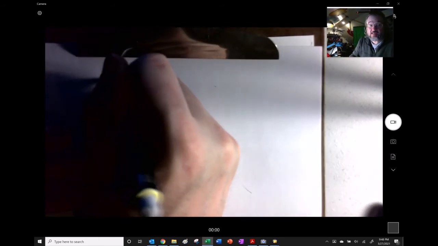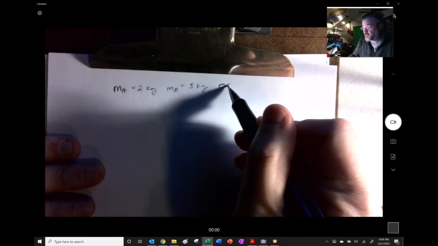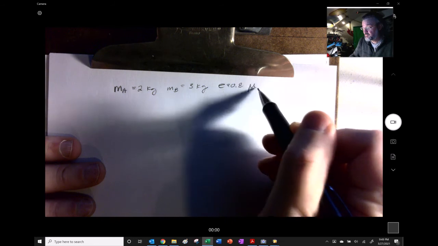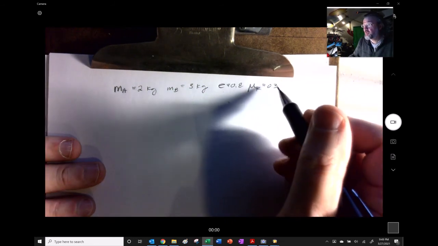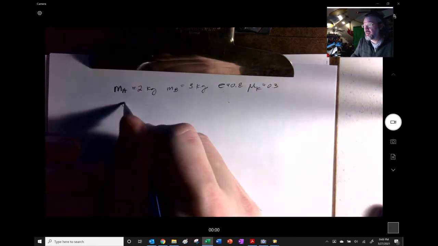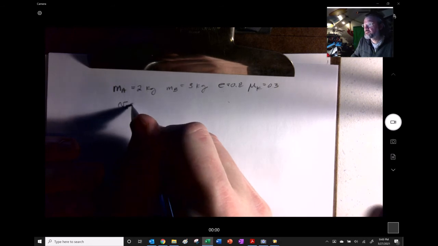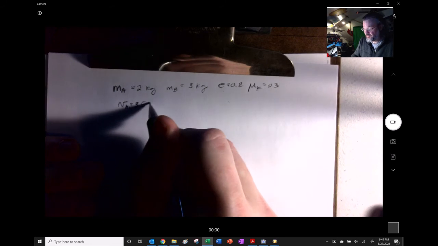For the values that I used for mine, I said that the mass of A was 2 kilograms, mass of B was 3 kilograms, coefficient of restitution is 0.8, friction is 0.3, and my initial velocity of A, we'll call it v_A1 here, was 3.5 meters per second.